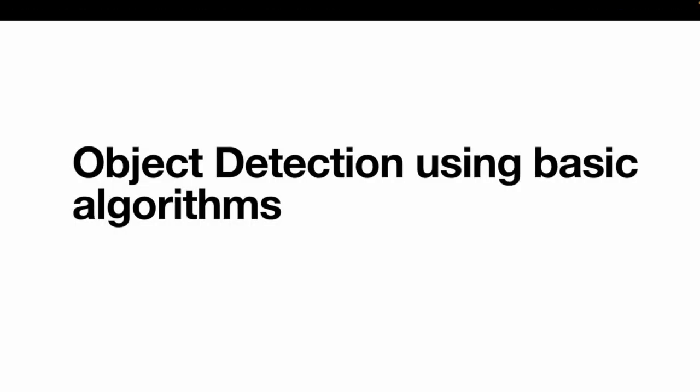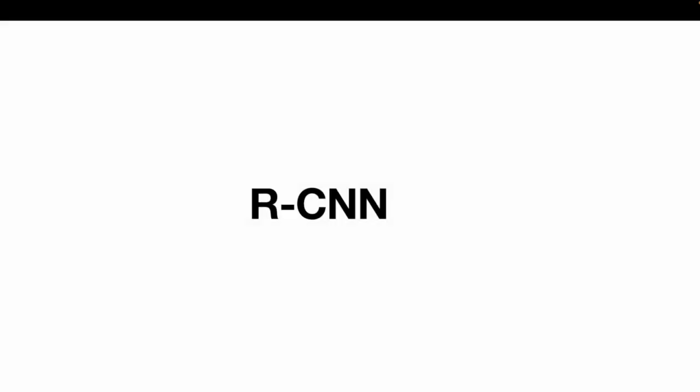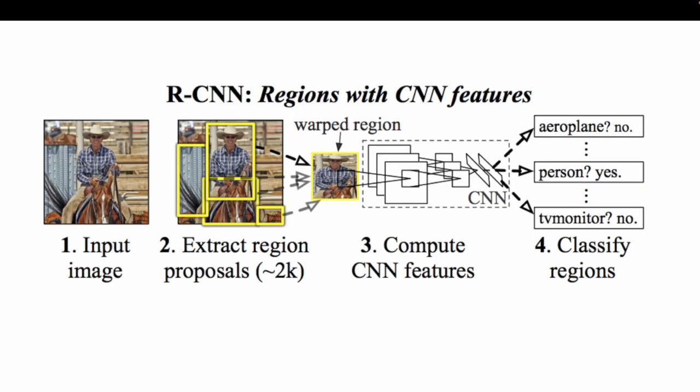Object detection using basic algorithms. RCNN. What is RCNN? This is RCNN. I showed you that input image, then extract region proposals, and then at the end it is giving a warped region.